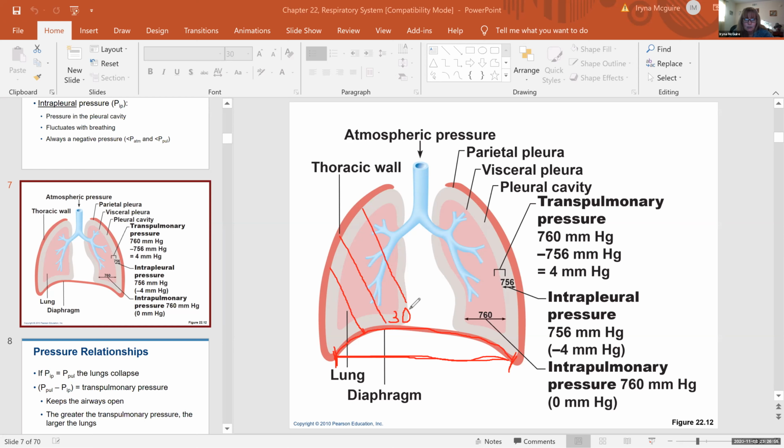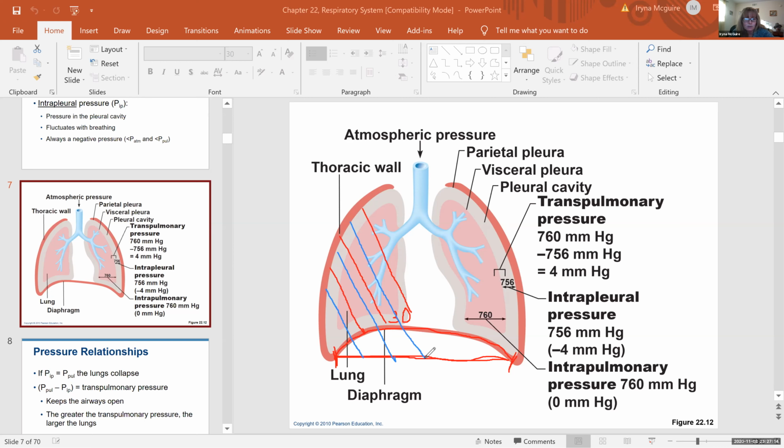Over here. And now, let me see where I can pick up a different color. And what my volume is now is from here all the way to here. That makes sense?